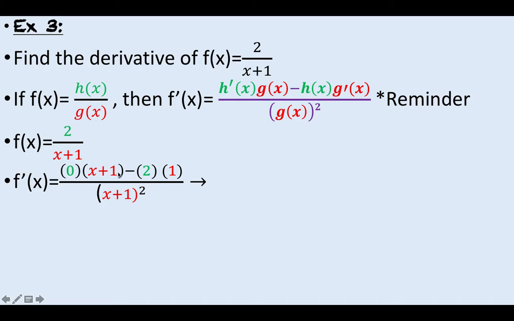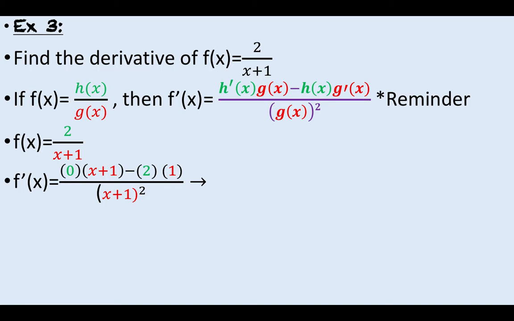Then I kept the bottom the same, because the rule says to do that, minus, keep the top function the same, so that's 2. And then we took the derivative of the bottom function, and the derivative of x plus 1 is just 1, because there's an imaginary 1 in front of this x. So then that's the top setup, all over the bottom squared.